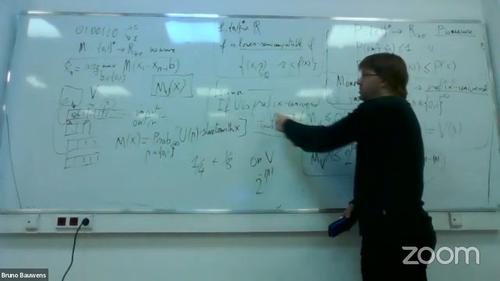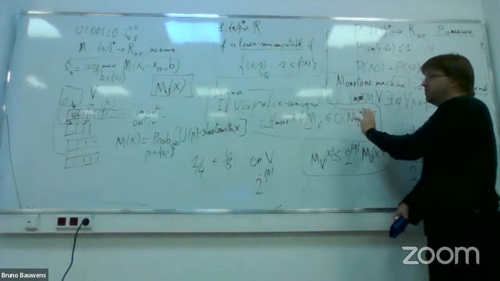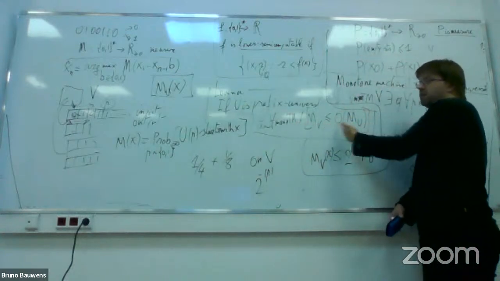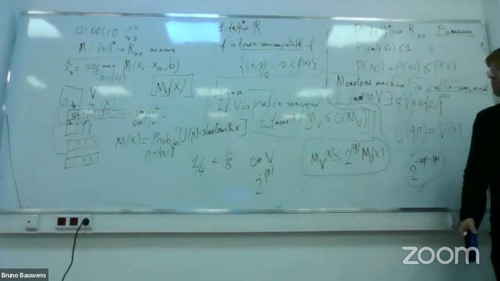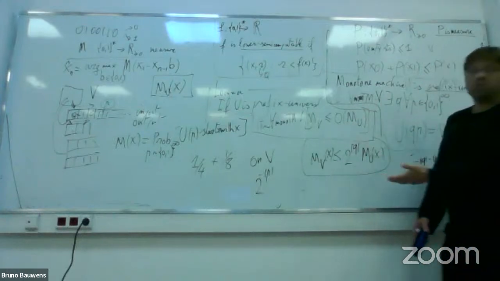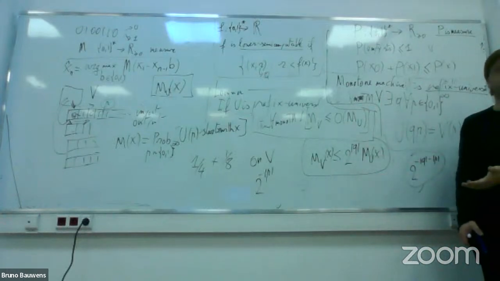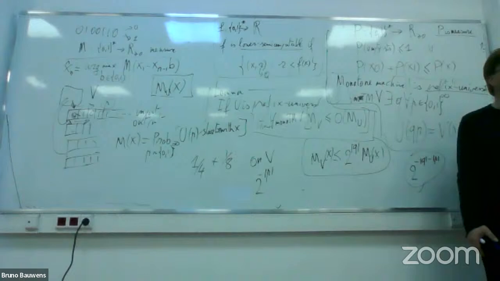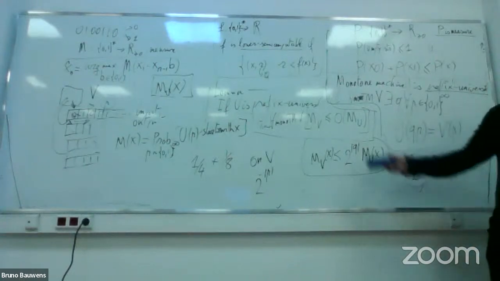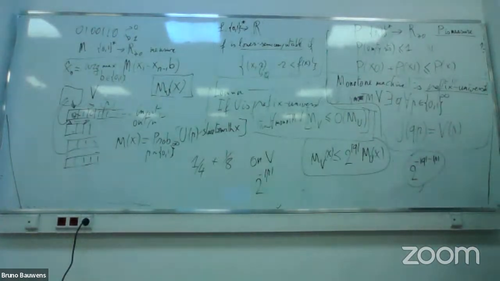But if both U and V are universal, I can flip them and I have equality, up to a theta constant. So that means we have defined a measure that's, up to a constant factor, well defined for all prefix universal machines. And we will use just any such prefix universal machine and get any such measure.